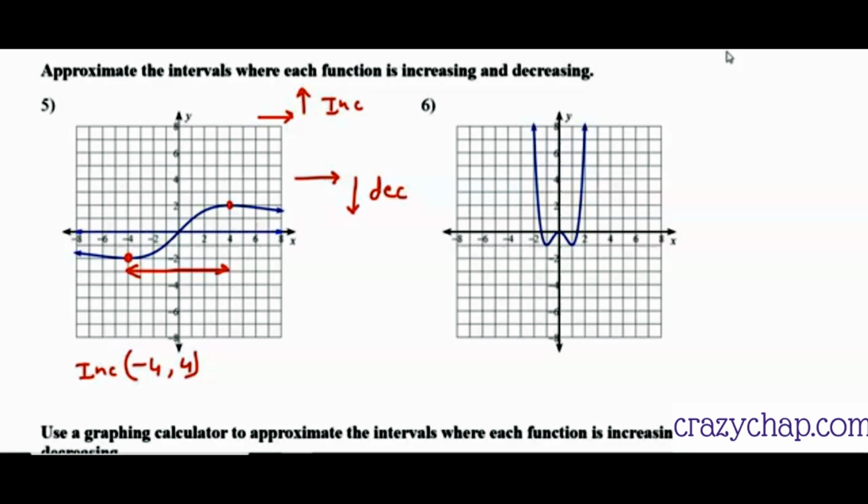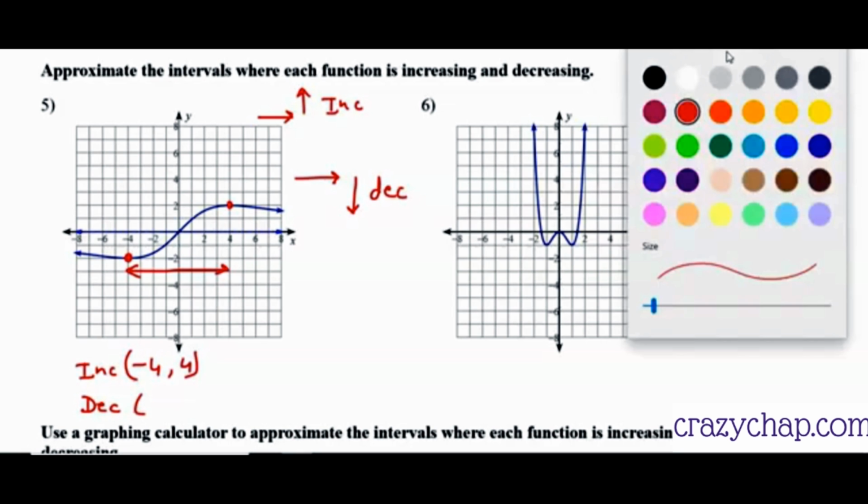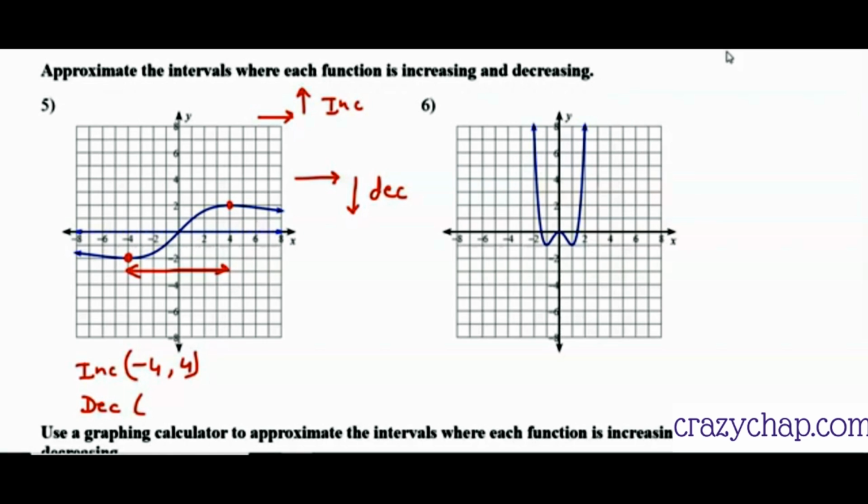So we will just say from negative infinity all the way to negative 4, open interval, and union means as well as all the way from 4, open interval, to infinity, that is a decreasing function. Right? Hope it makes sense. Okay, let's solve. In question number 6, you can see, first I will mark the increasing function.